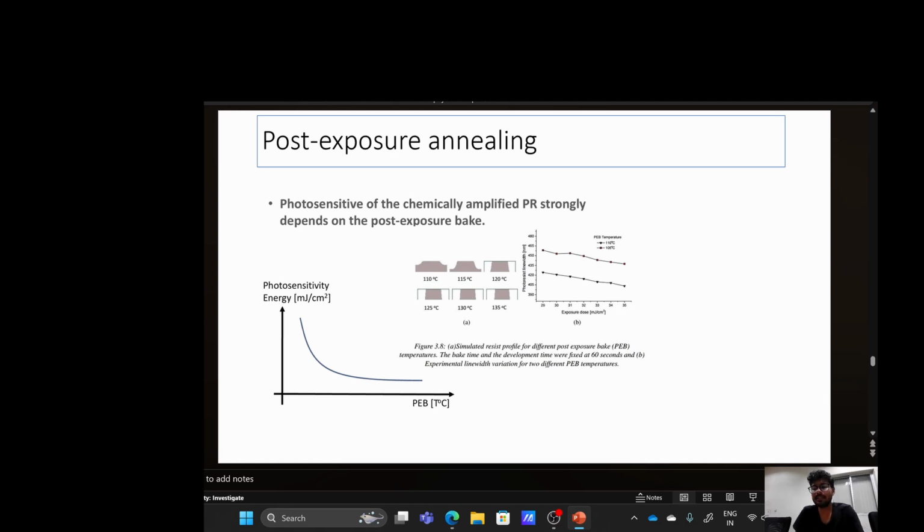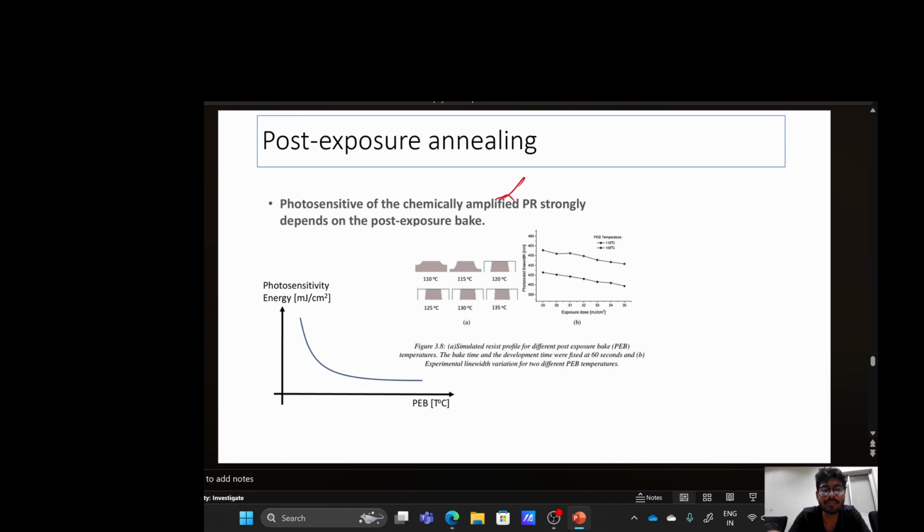And then there is a post exposure annealing. After this, post exposure annealing is done to chemically amplify the photoresist, or to make the reaction faster.